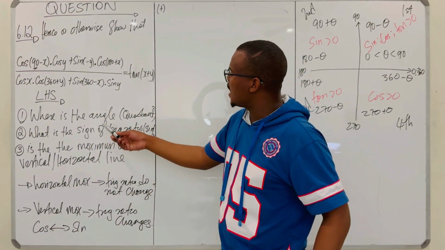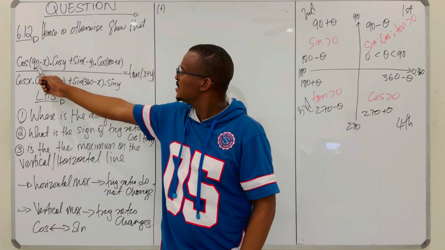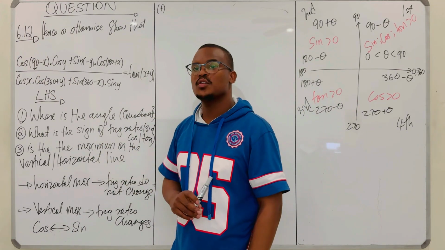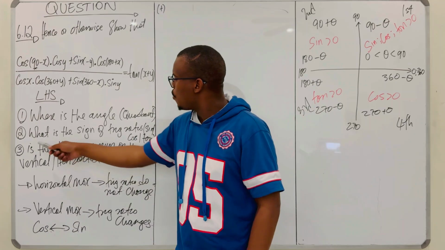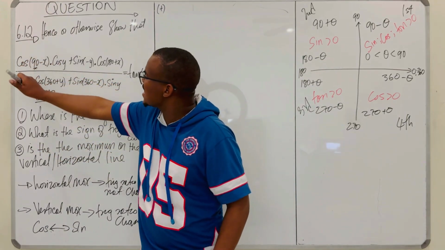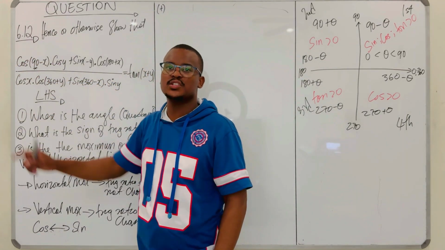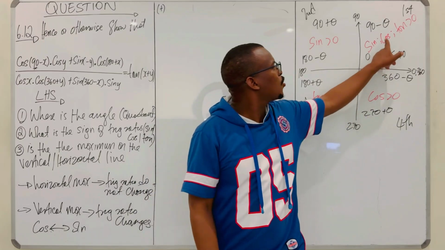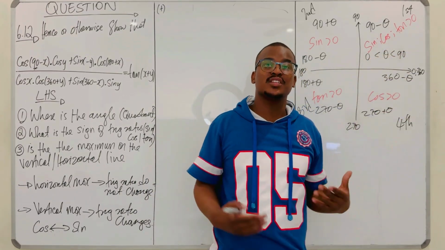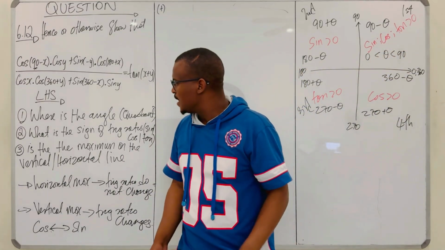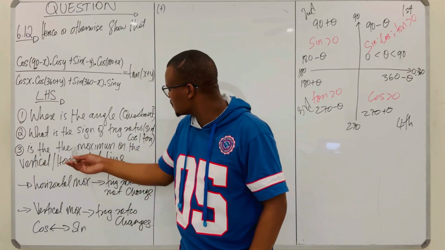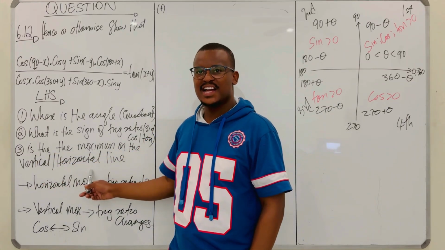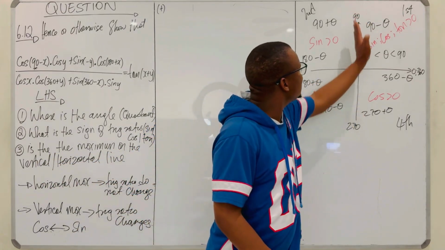So, first question, we ask ourselves, where is 90 minus? We said 90 minus is on the first quadrant. Second question, what is the sign of the trig ratio? What is the sign of that cos on the first quadrant? We agree that the cos is positive, because all of them are positive on the first quadrant. Third question, is the maximum on the horizontal line or the vertical line? We agree that 90 is on this vertical line.